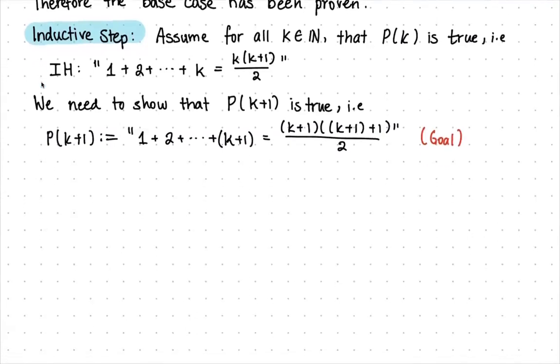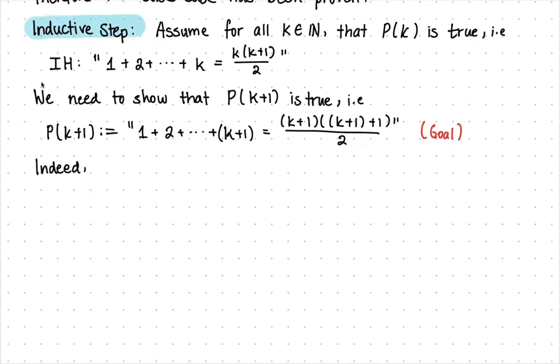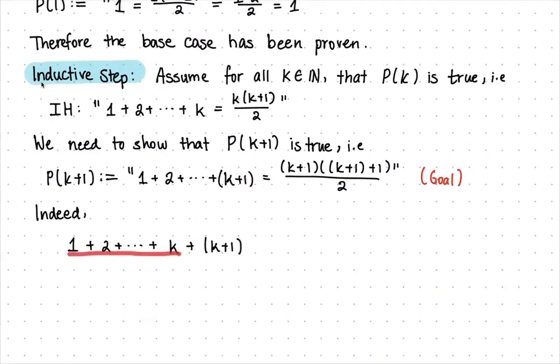So in order to do so, we have to do the following. Now let's work with the left-hand side first. The inductive step at this point is where you have to do a little bit of algebraic work. First of all, note that we could write this in this way. So we're taking the first k. Now, what does our inductive hypothesis mean? By assumption, we're assuming that P of k is true. So this statement we're assuming to be true.